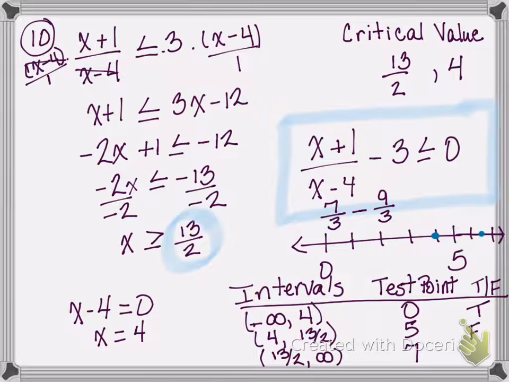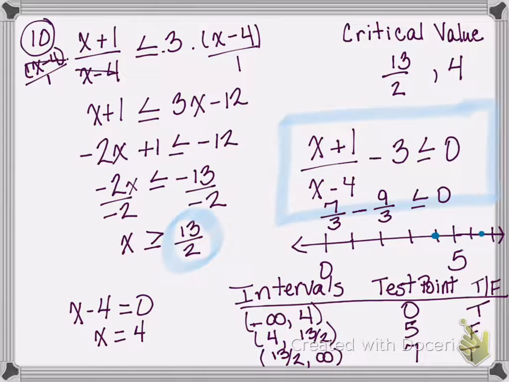And the reason that I've made it 9 over 3 is 3 over 1 becomes 9 over 3 when I have a common denominator of 3. So 8 over 3 minus 9 over 3, I want to know if that is less than 0. 8 over 3 minus 9 over 3 does give me negative 1/3, and negative 1/3 is less than or equal to 0. So that gives me a true statement.